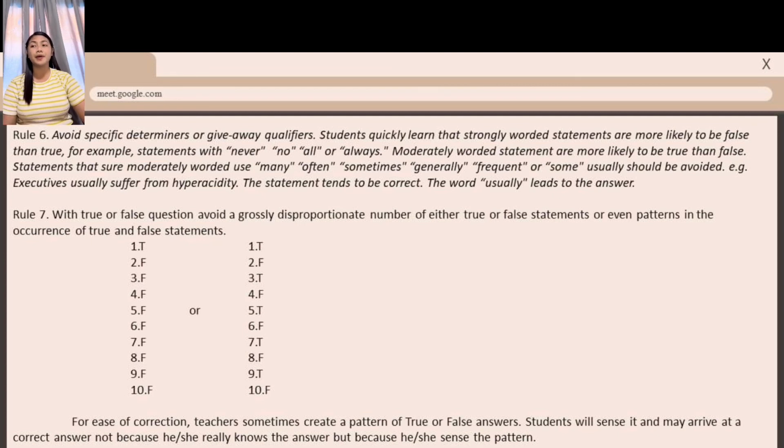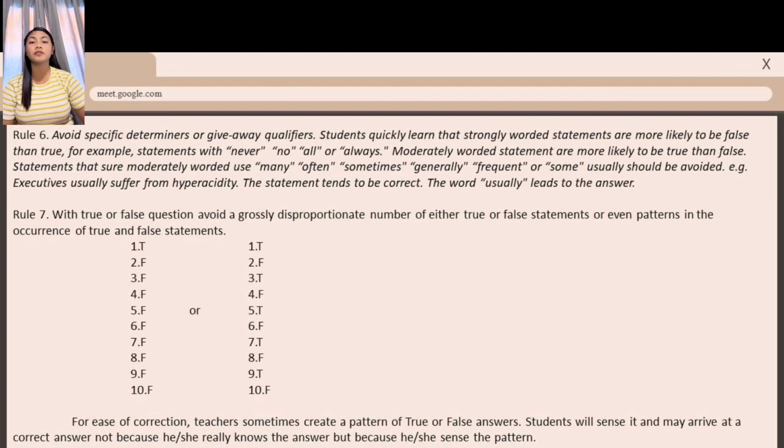Rule number 7. With true or false questions, avoid a grossly disproportionate number of either true or false statements, or even patterns in the occurrence of true or false statements. Like for number 1, TFFFFFF up to number 8 and 10.